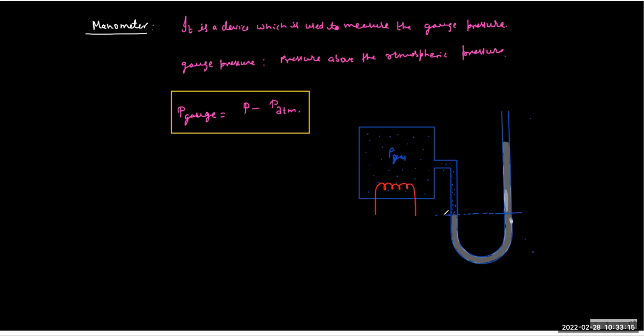Pressure at the same level must be equal. That's the basic idea. At this level, the pressure is due to the gas itself.